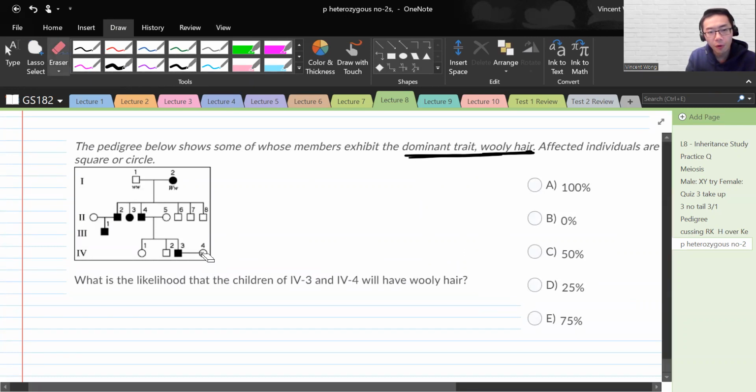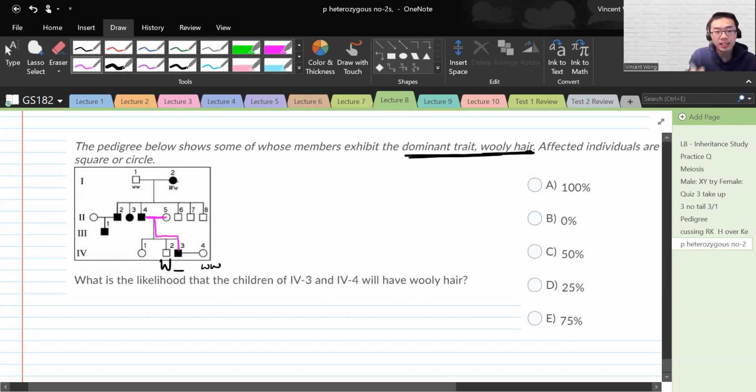Number 4 doesn't have the woolly hair because she's not shading. So that's just small w, small w. And then this one has the woolly hair. So that's going to be big W and something. We don't know if it's big W, big W or big W, small w. Both are possible genotypes. So we have to trace back to his parent.